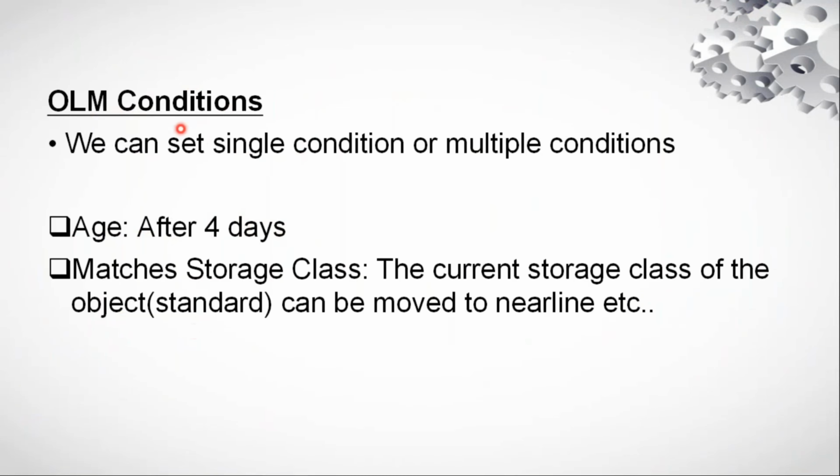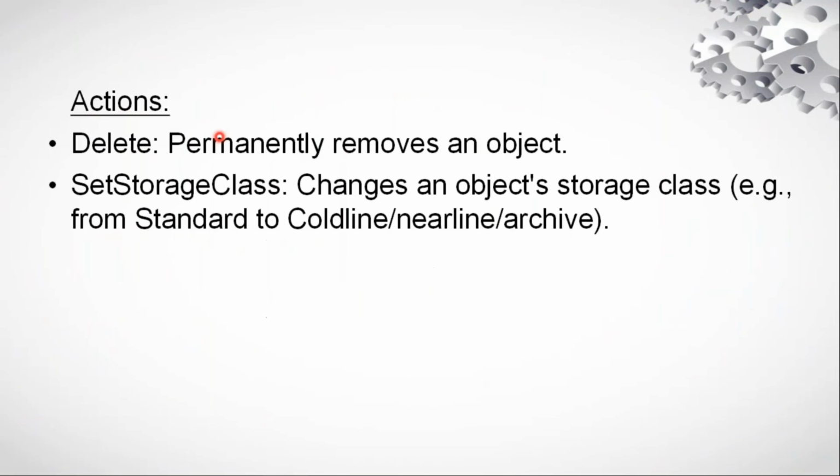So these are the different conditions. If these two conditions are satisfied, when my object is 4 days old and it matches Standard, then we can move it to Nearline or others. So based upon OLM conditions and actions, we can set a rule.